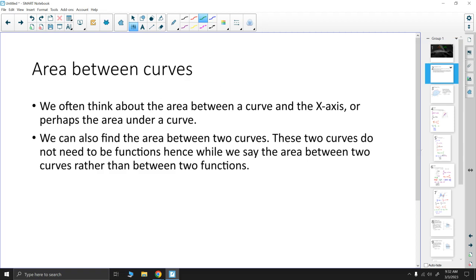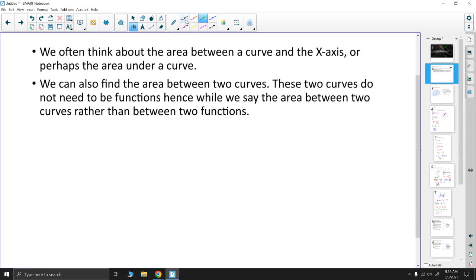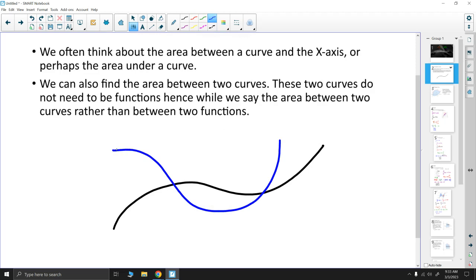So we often think about area between a curve and the x-axis, but that's not the only thing we can do. We can also find the area between two curves. So that is to say, if we had something like here's one curve and here is another, and we wanted to find this area here, we can do that.